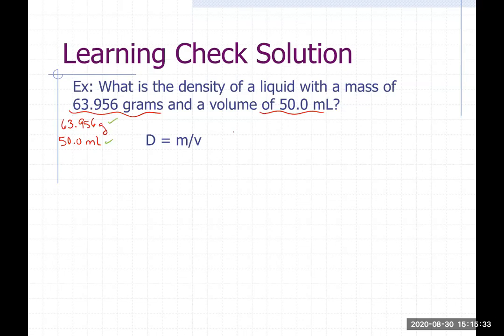And so we don't have to do any conversions associated with this calculation. In fact, it's fairly straightforward because we can just plug in 63.956 grams over 50.0 mL, and then do the calculation. We know our units are going to be grams per mL.